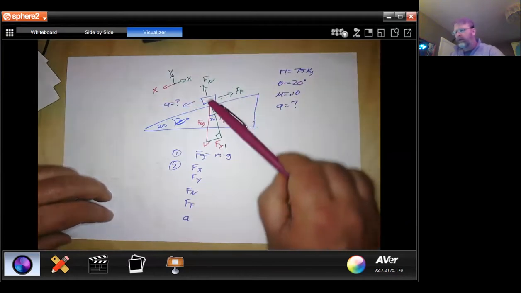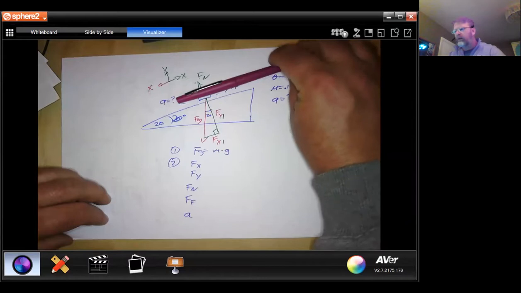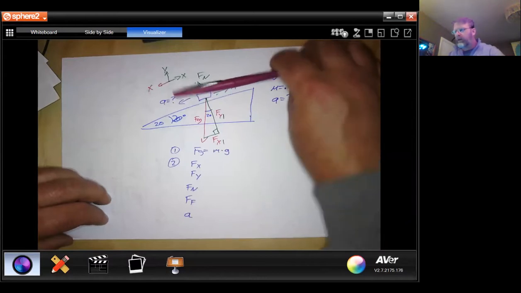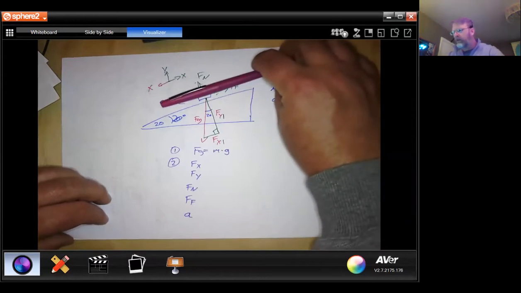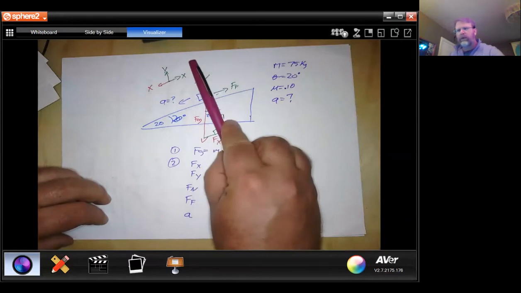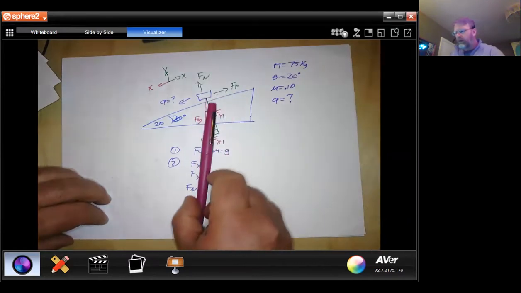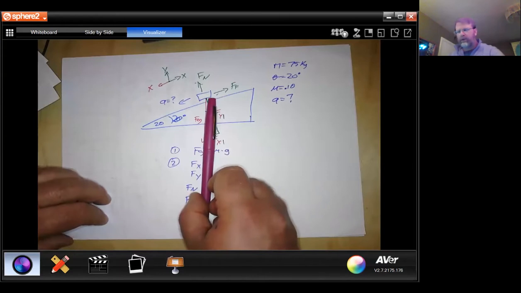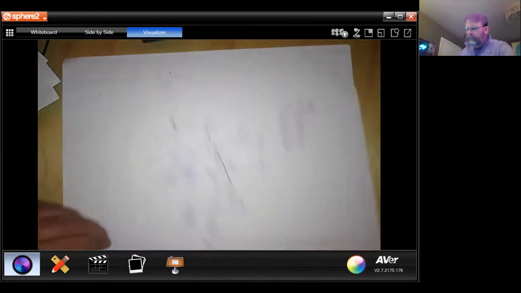We don't have anyone jumping. There's no projectiles in this one. So this is parallel to the surface, this is perpendicular to the surface, and this is independent of the surface. So we have some choices here.